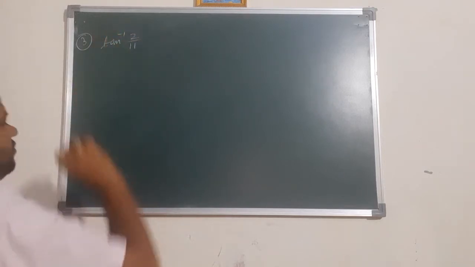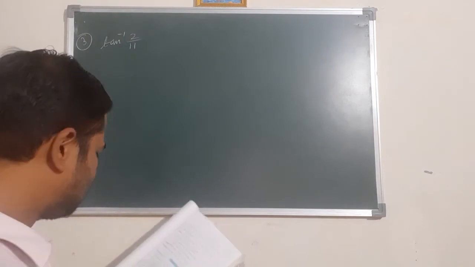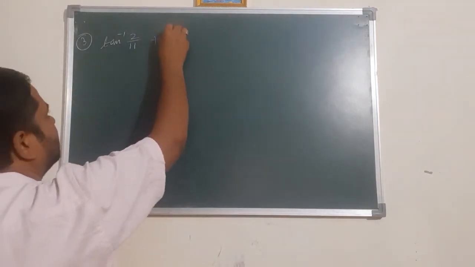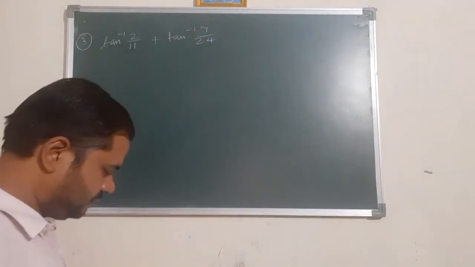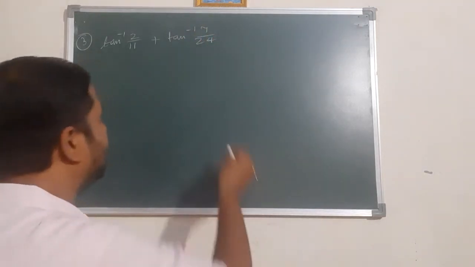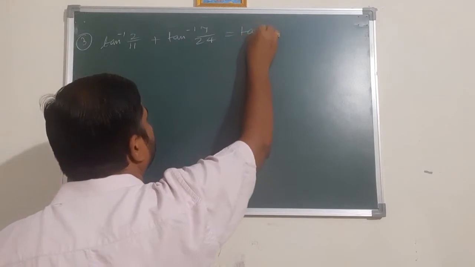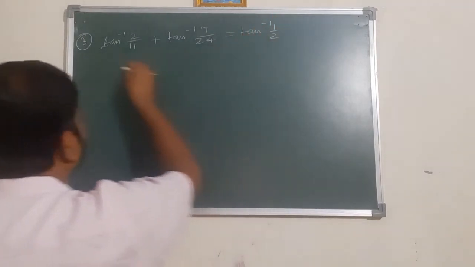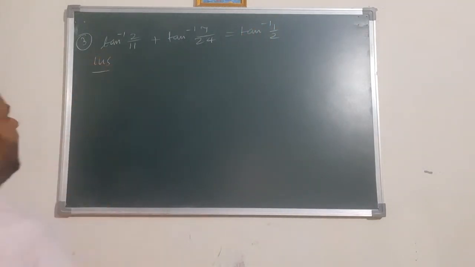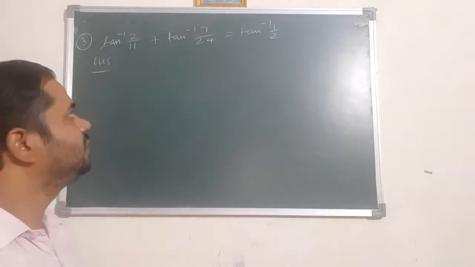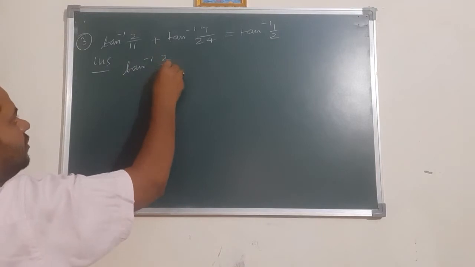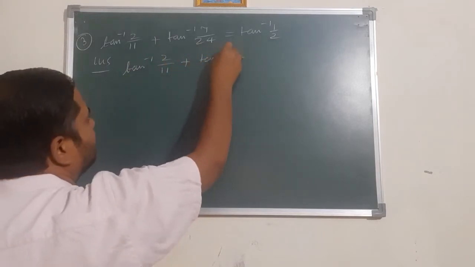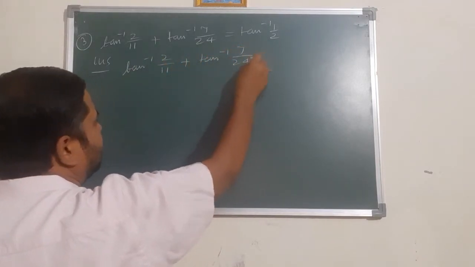Tan inverse of 2 by 11 plus tan inverse of 7 by 24 is equals to tan inverse 1 by 2. So LHS we take, LHS tan inverse of 2 by 11 plus tan inverse of 7 by 24.